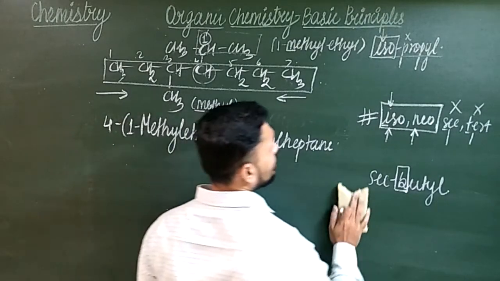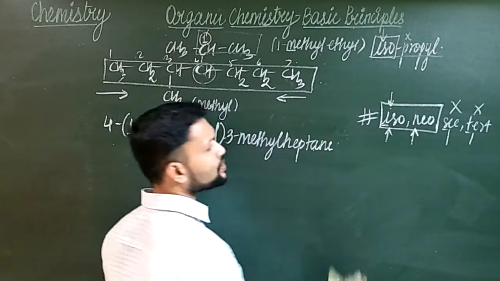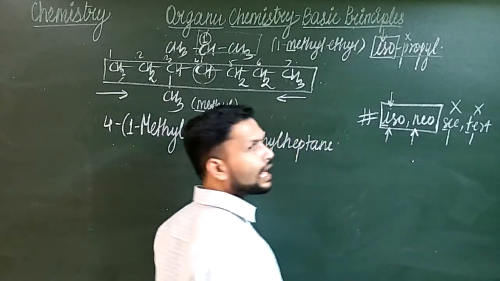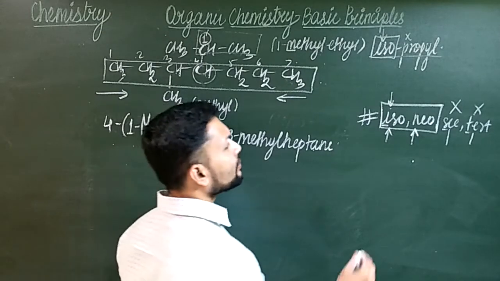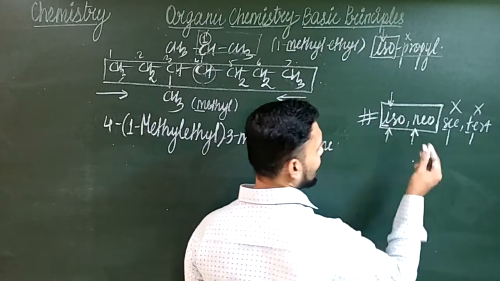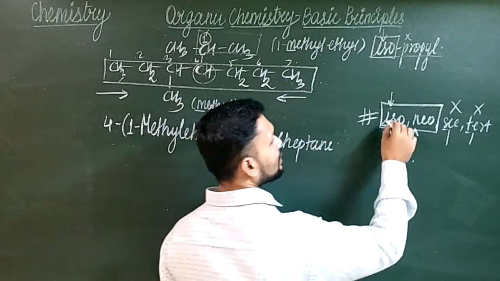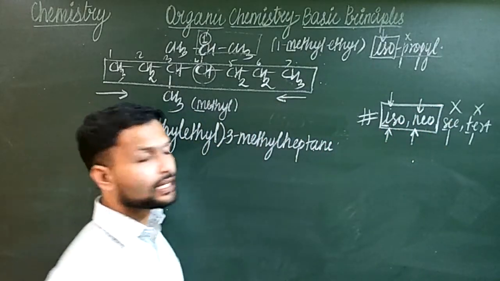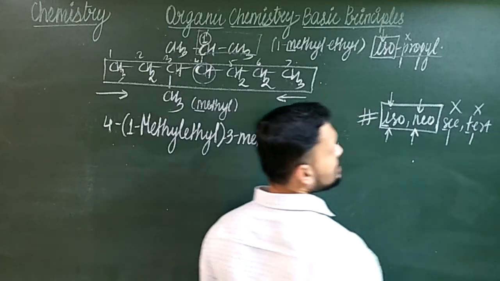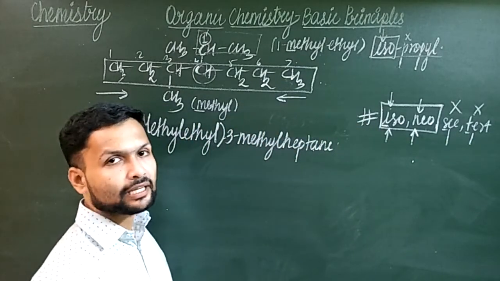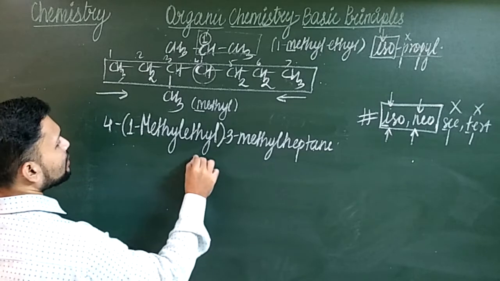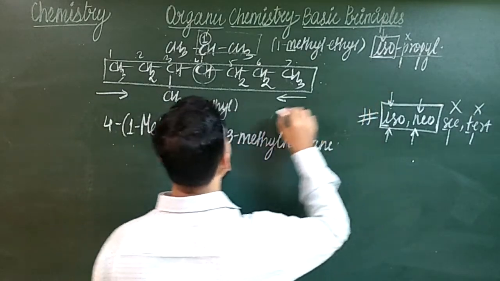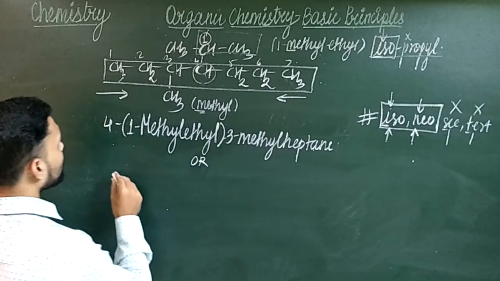So for these branches, remember, iso and neo are taken in IUPAC naming, and while writing the name, they are considered in alphabetical order. Matlab these prefixes are considered in alphabetical order, but these two prefixes are not. So if I want to write the IUPAC name of this, here there is I and there is M, so that should be written first.